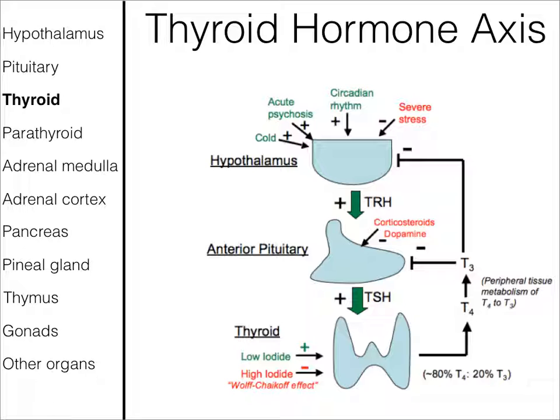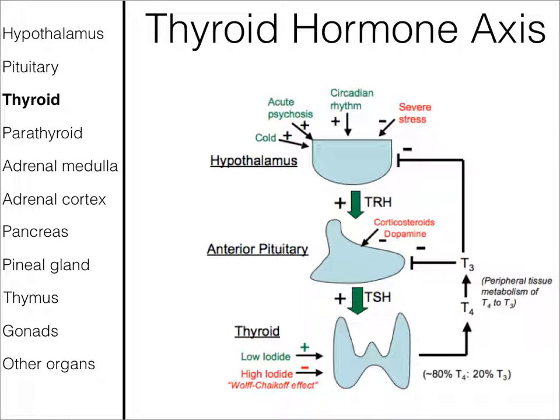What your thyroid releases is about 80% T4, 20% T3, but this T4 is slowly converted over the course of time by enzymes in your tissue into T3 that then has effects on the body that we just talked about.